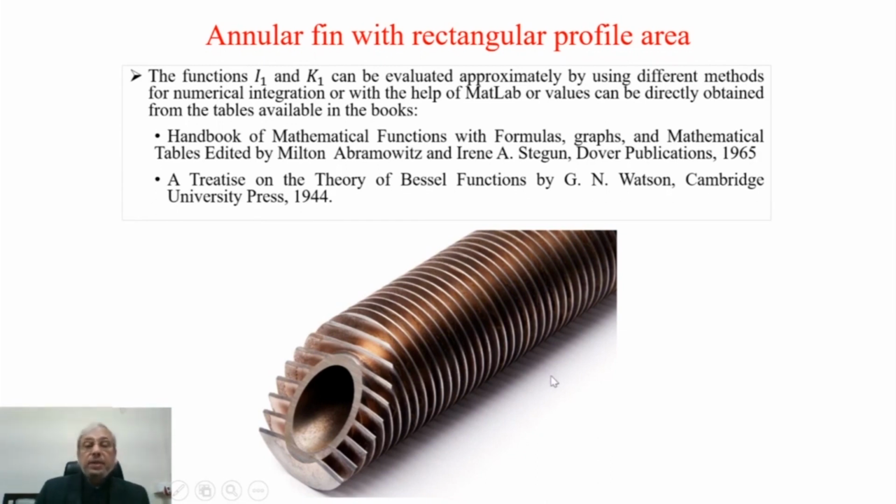I will stop here today. This is a very important paradigm, and all the clues have been given. Solutions have been done. You have to find C1 and C2 in a convenient manner and also calculate the heat transfer rate.